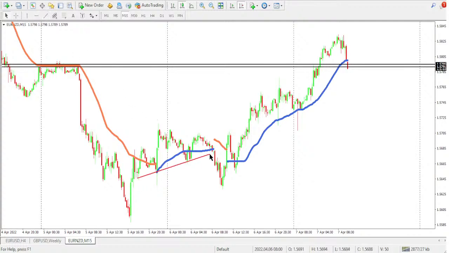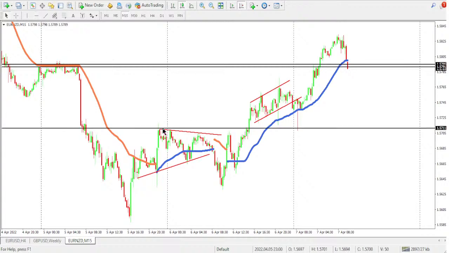And then we have a shape there. And then we have a level. This is not a level, so this is a shape. Then we have a horizontal level, this one here.